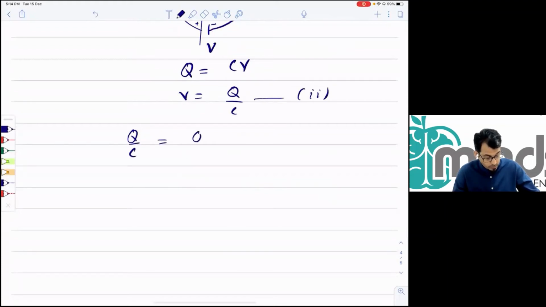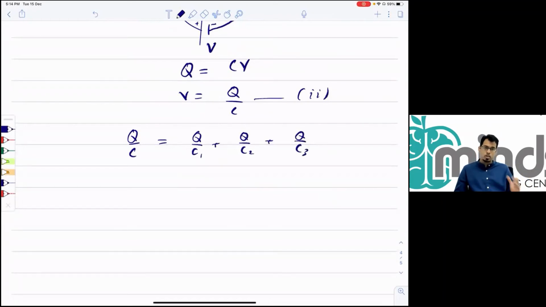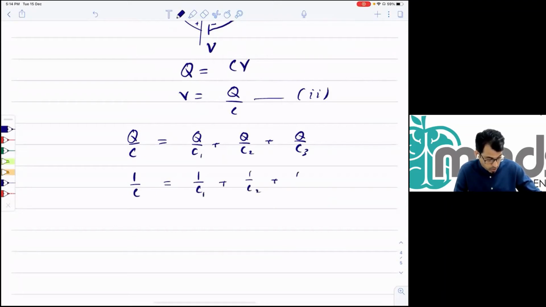Q over C, Q over C1, Q over C2, Q over C3. So you can take Q as common from right and they will get cancelled from the Q on left. So we will end up with this thing, 1 over C equals 1 over C1 plus 1 over C2 plus 1 over C3.